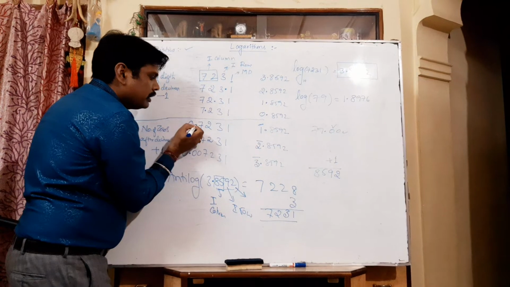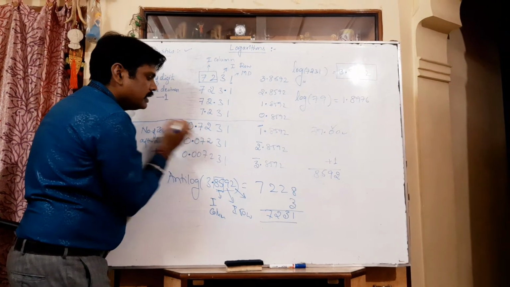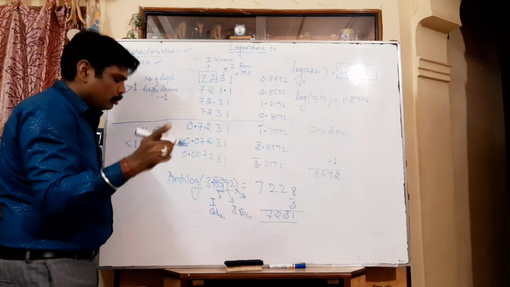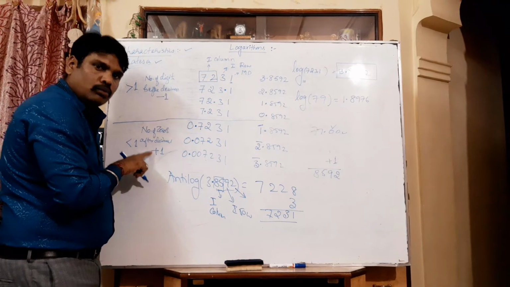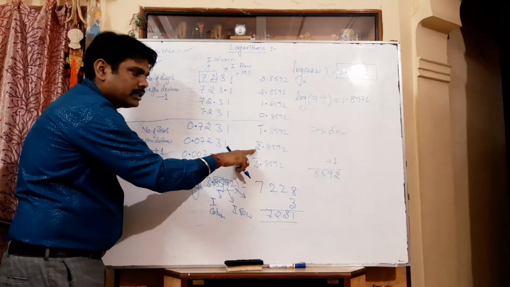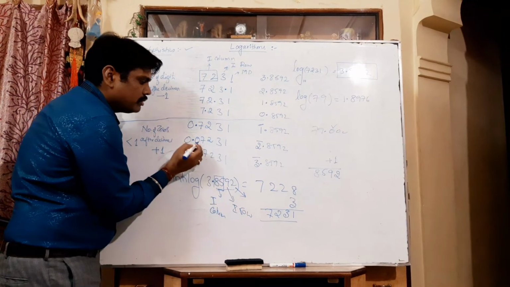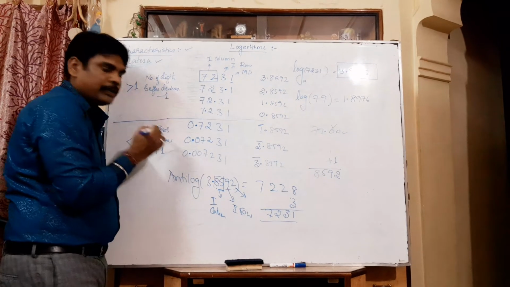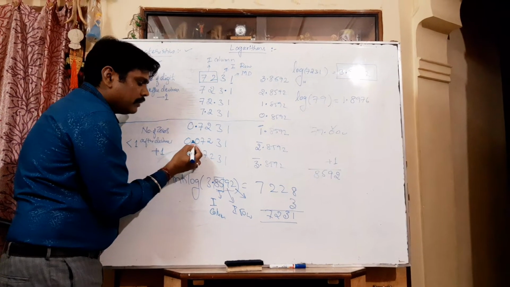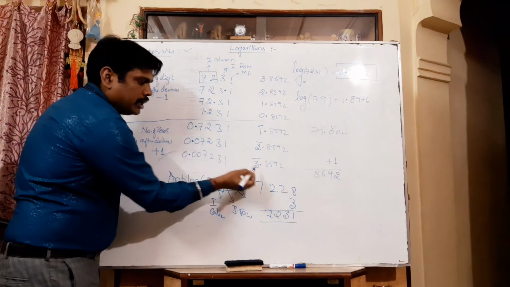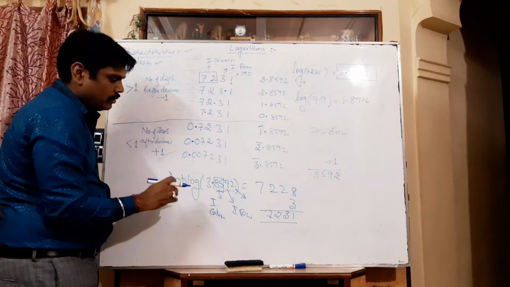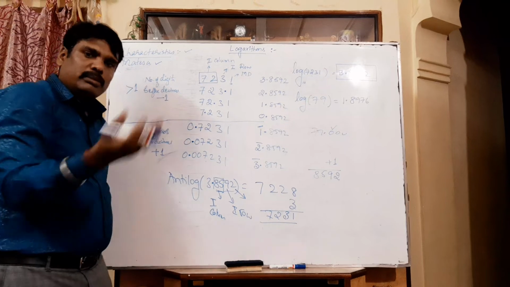It means without placing any 0, we place the decimal. 2 bar means 2 minus 1. You already took 1 plus 1, here we have to take minus 1. 2 minus 1 is 1, so we keep one 0 after the decimal. 3 bar means after the decimal you have to place 2 zeros. That's how one can come out from the logarithmic function.